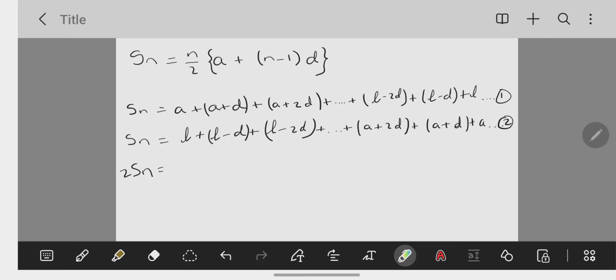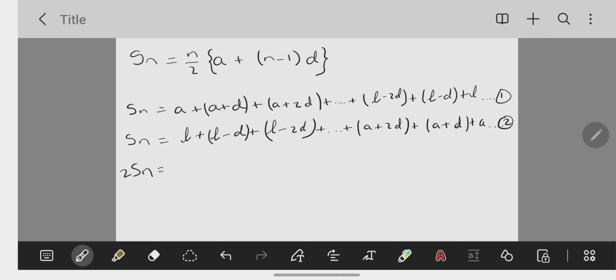So the d's will basically subtract and give us 0. I have a plus L here, 2d minus 2d. Again, a plus L here, negative 2d plus 2d. Negative d plus d. So I am going to be left with a plus L's, right?